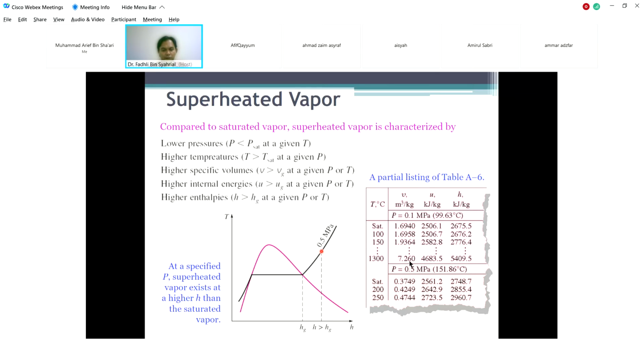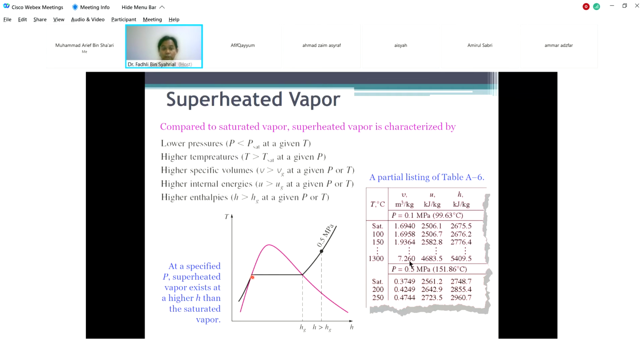So the temperature of this point, if you draw a horizontal line to here, this is the T. Then T saturation is here at this point.